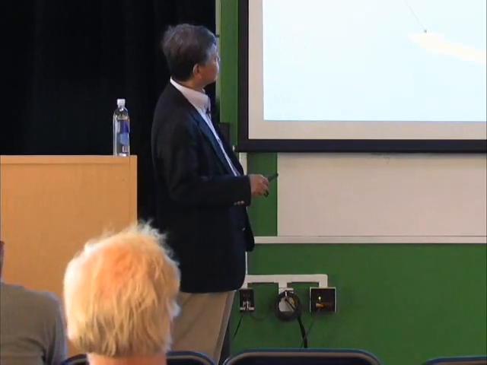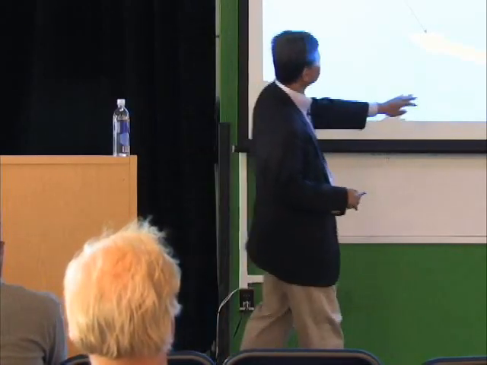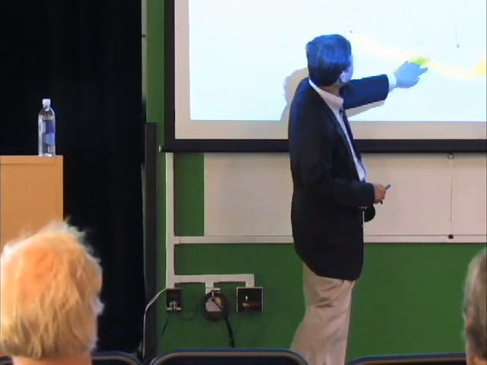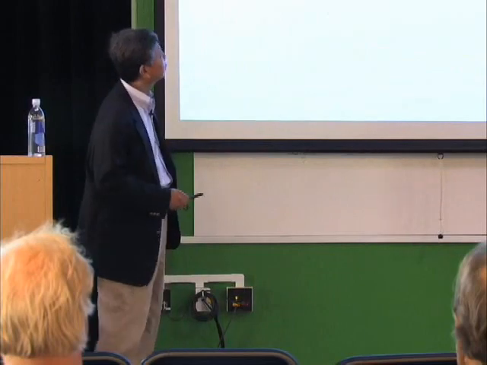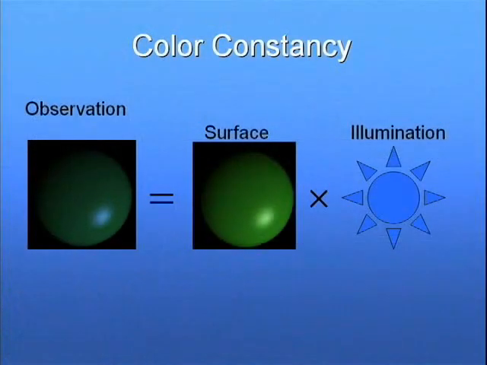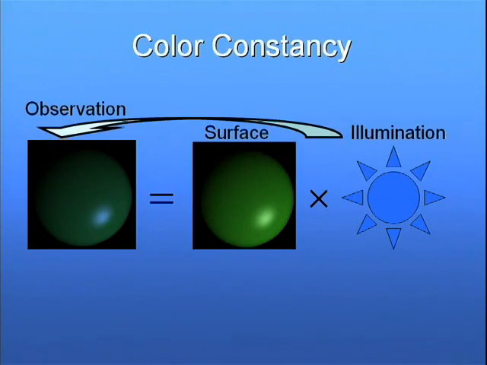first there is the illumination that hits the surface, and the surface spectrum is multiplied and you observe. Graphics is kind of straightforward: from illumination, multiply surface color, you obtain the observation.